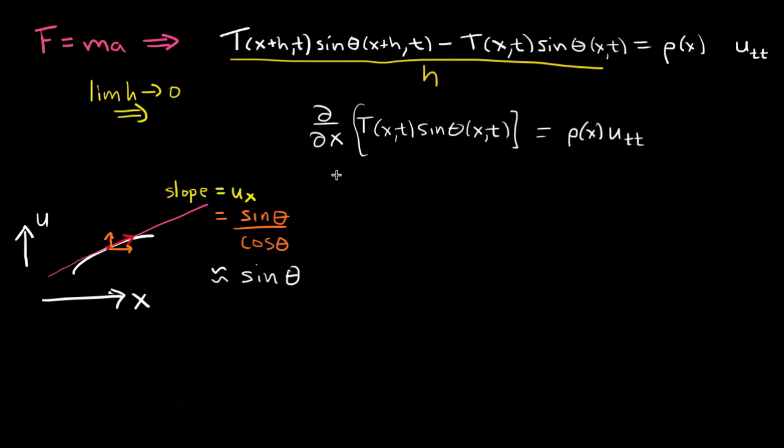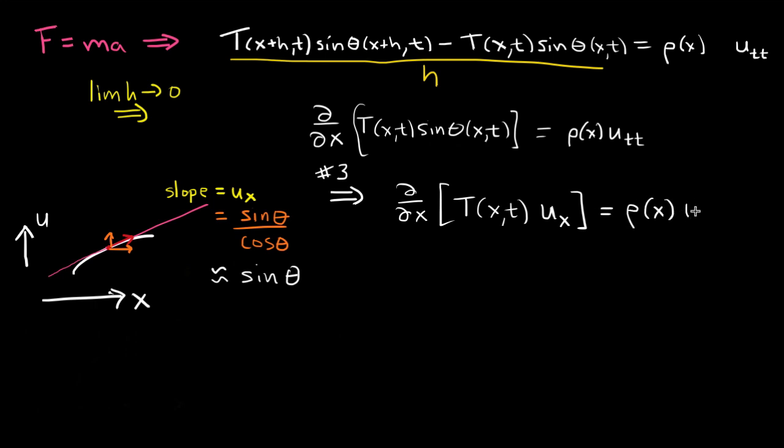Well, this means that we can now take this equation that we have with this undesirable sine of theta and replace that sine of theta with simply u_x. So this equation then becomes, by assumption number 3, we're using that in a critical way, the partial derivative of the tension T(x,t) times u_x is equal to rho(x) u_tt.